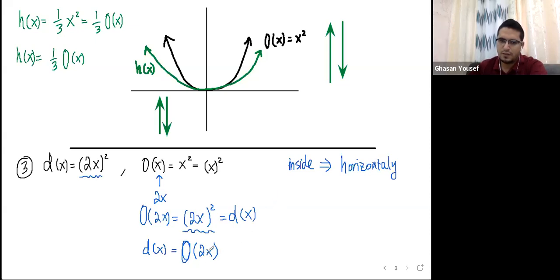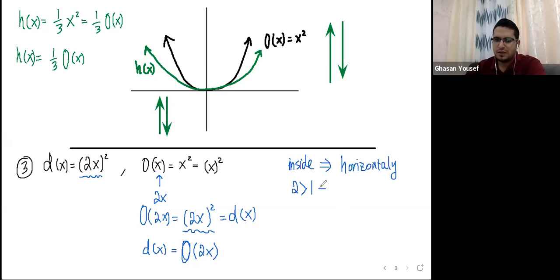For the second thing, is the number 2 greater than 1 or between 0 and 1? Greater than 1, exactly. So the number 2 is greater than 1.